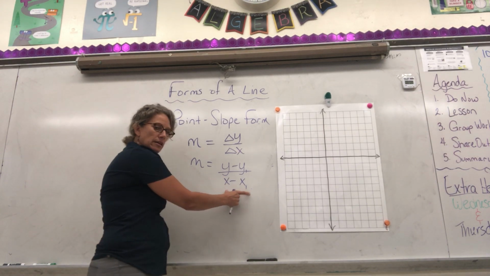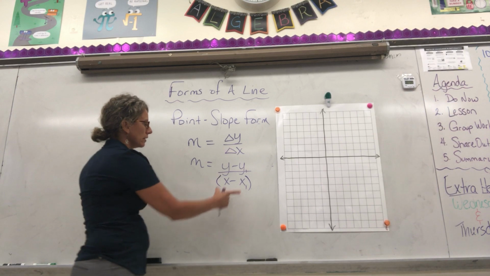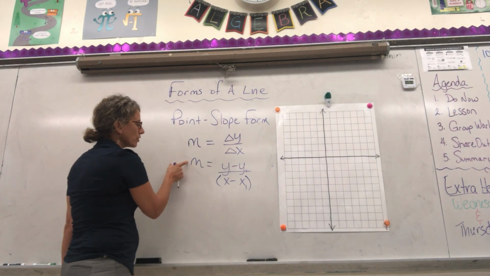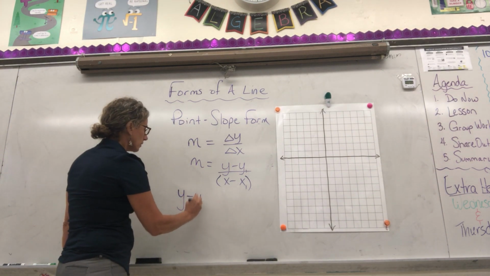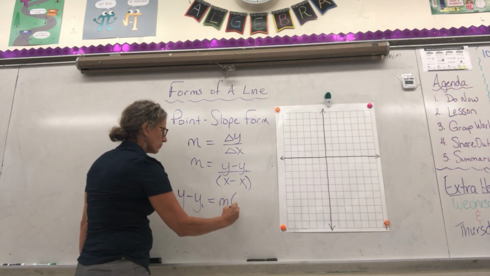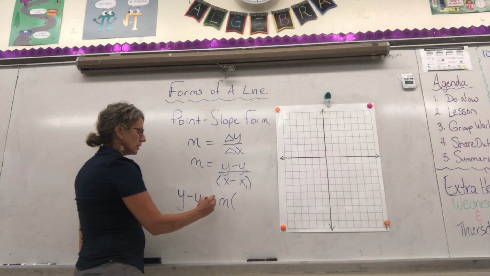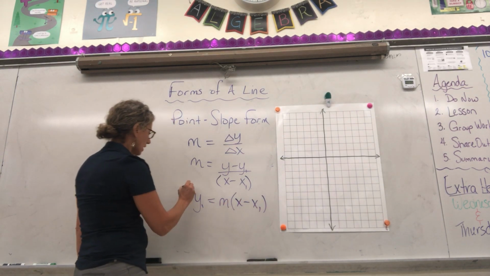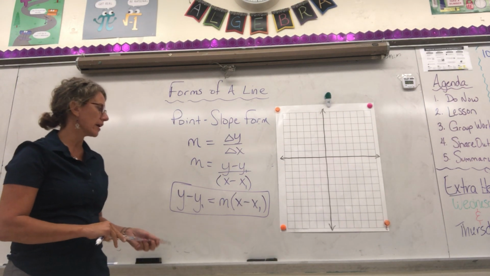Now, if I take this form and multiply x minus x sub 1 on both sides of the equation, we're going to solve for the change in the y's. So, lo and behold, if I do that, the form y minus y sub 1 equals m times (x minus x sub 1) becomes the preferred point-slope form of a line.